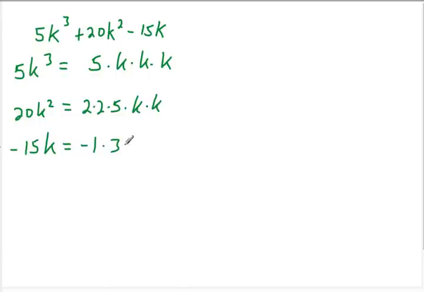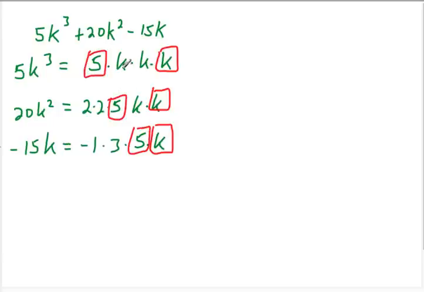So we have a -1, a 3, a 5, and a k. What do these have in common? They each have a k, and they each have a 5. And that's it. So we're going to factor out 5k, because that's what they all had in common, and then put the remaining stuff in the parentheses.